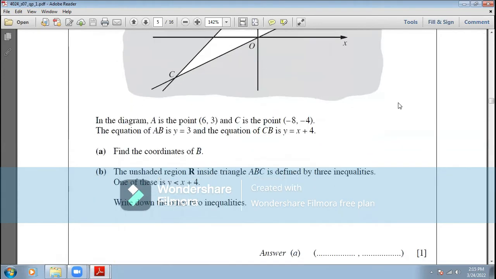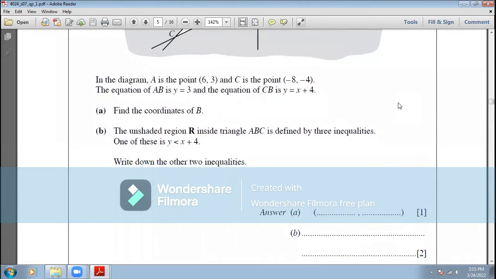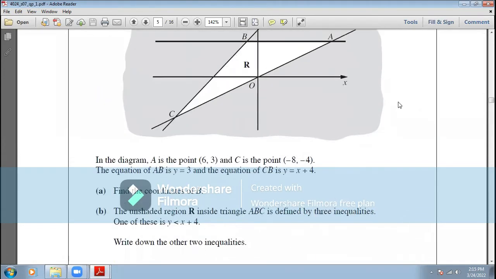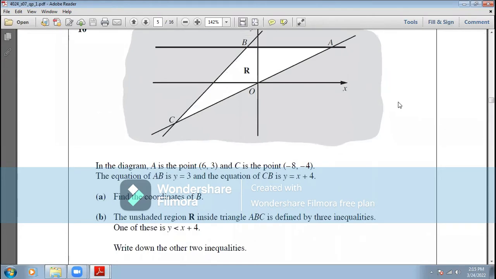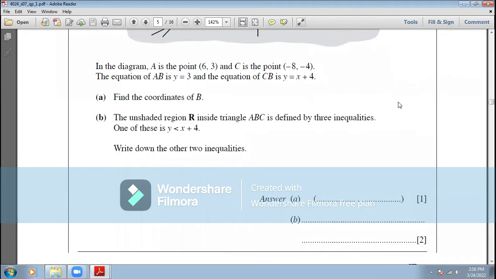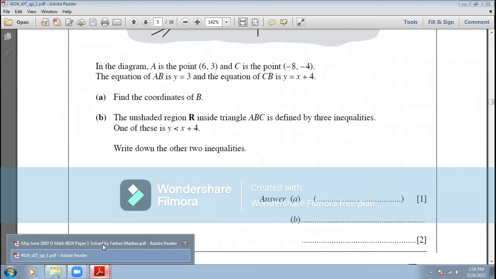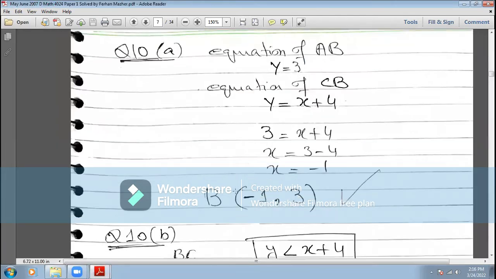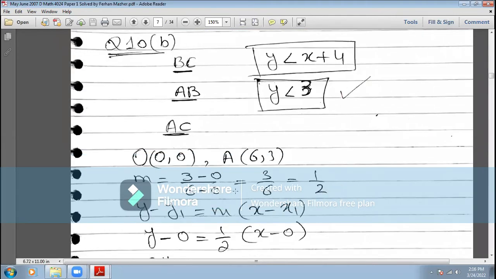Then the question is, he says, the unshaded region R inside the triangle ABC is defined by the 3 inequalities. One of these is y is less than x plus 4. Write down the other 2 inequalities. Okay. So they are talking about basically the BC line, and the area is below this line.